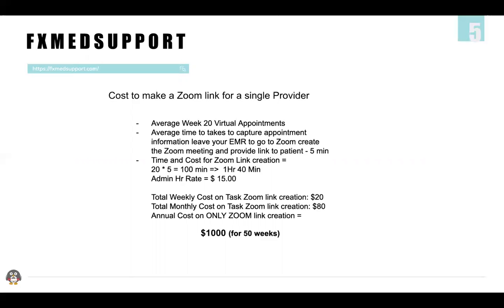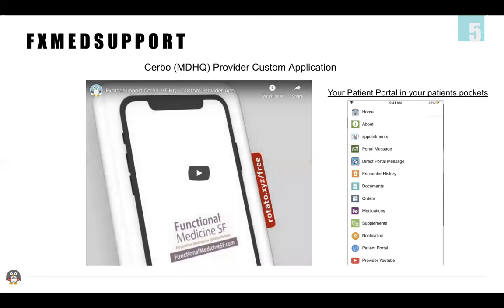And if you are a provider's office that has more than one provider, you just keep extrapolating that. And that is to just do one Zoom, one task. And so when you start thinking about tasks outside of Cerbo, you have to start thinking about them as very expensive, because in my opinion, that's a lot of money to pay just to have somebody create a Zoom link.